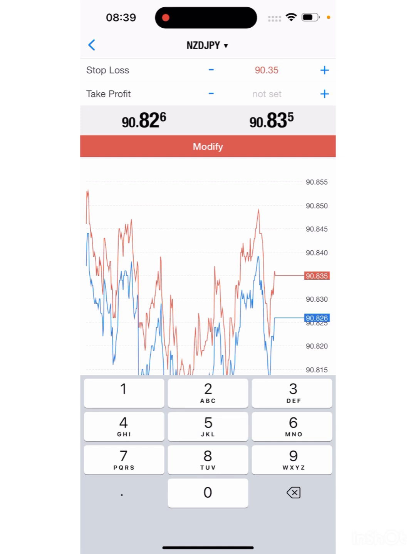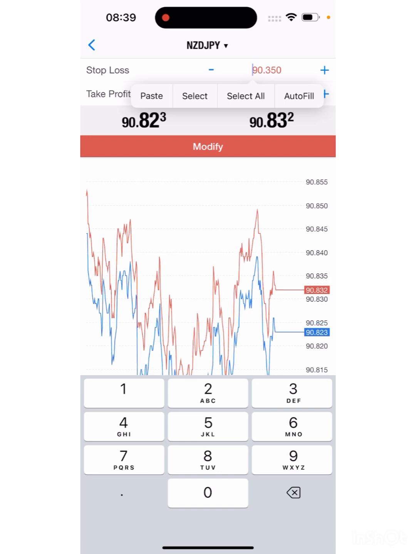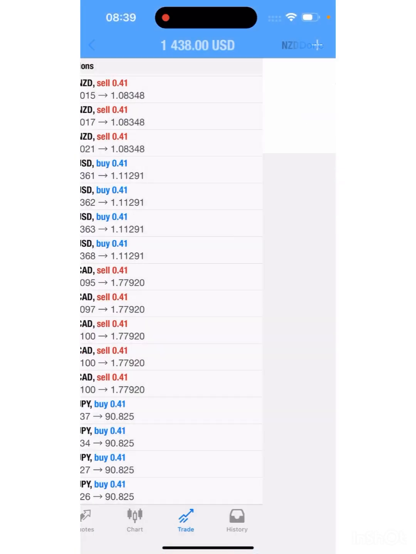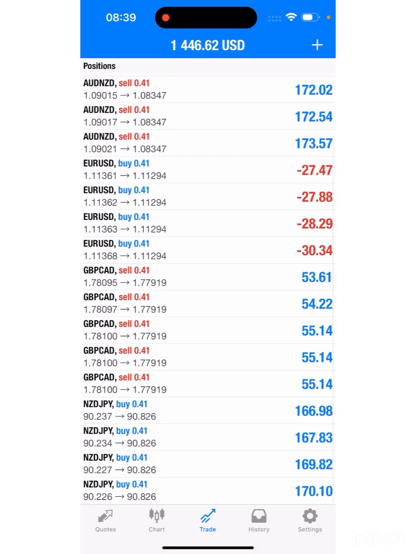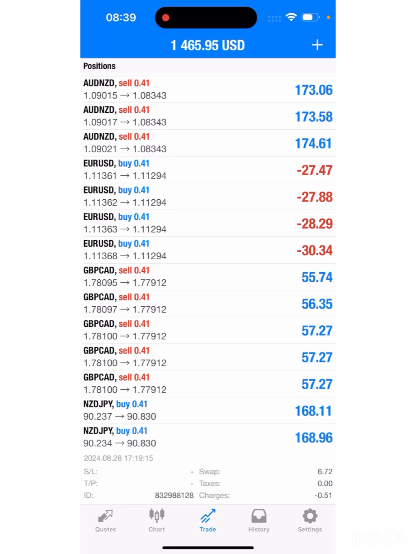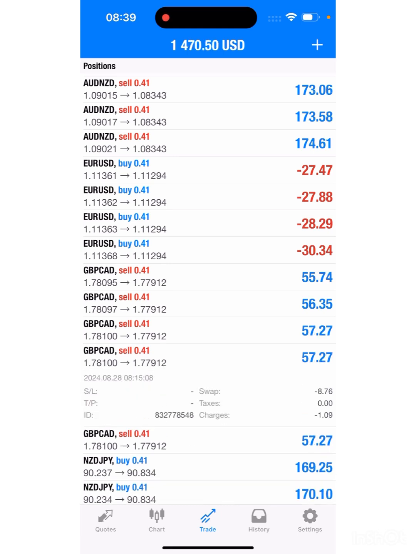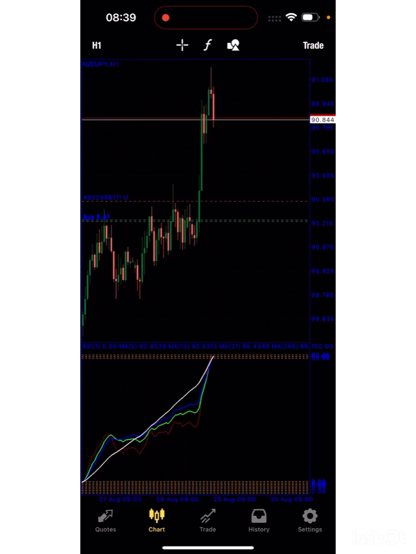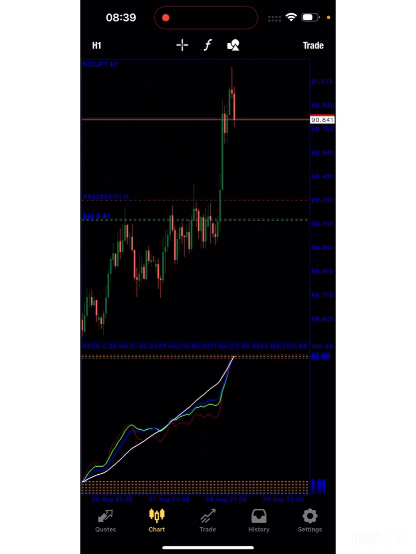And then what I'm gonna do, I'm gonna copy this and paste it to all the trades. So let me do that later on, because I don't want to waste your time. The market is still very far away.